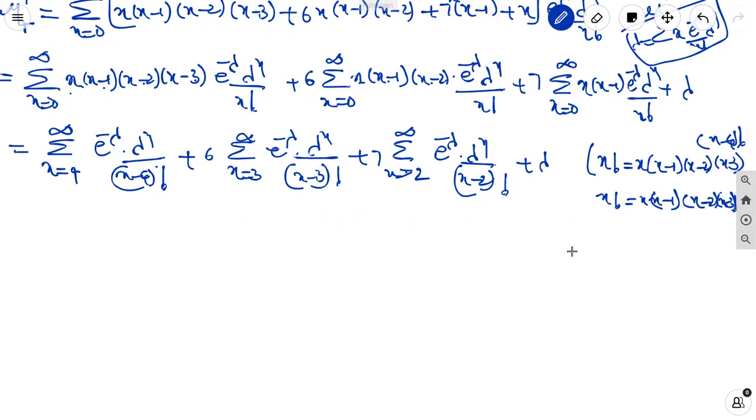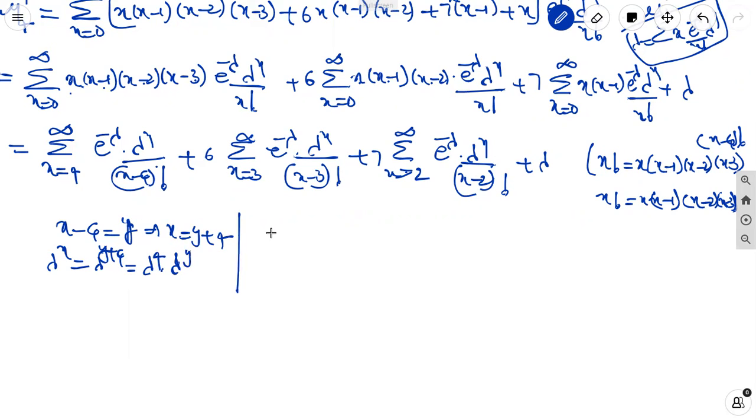So here in this, x minus 4 equal to, suppose, y, then x equal to y plus 4. Lambda power x is nothing but lambda power y plus 4, equal to lambda power 4 into lambda power y. It is for this. Here x minus 3 is equal to z, then x equal to z plus 3.